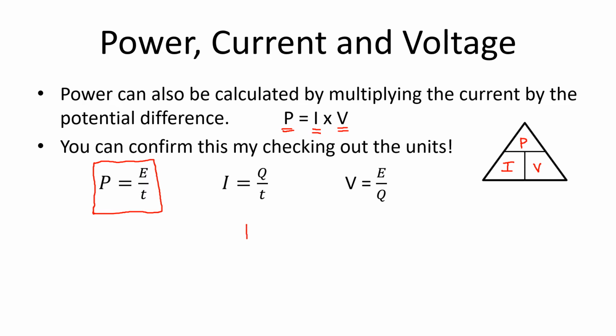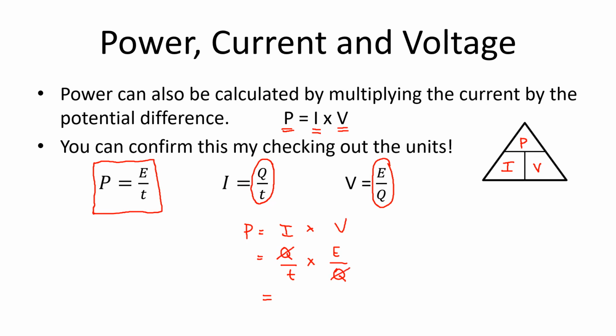So we know that power is current times the voltage. We can substitute in what we already learned about current and voltage, right? So current is the charge divided by the time, and the voltage is the energy divided by the charge. And so if you multiply those two, Q times E and T times Q, you see that the Q's cancel out, right?